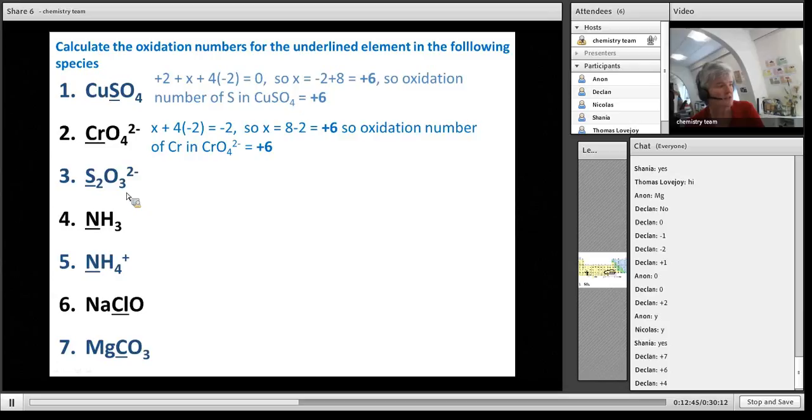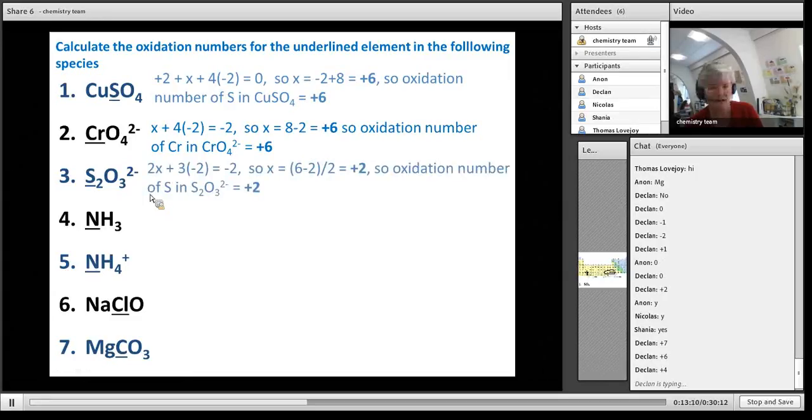Thiosulfate. So sulfate, okay, thio simply means I've taken an oxygen and replaced it with sulfur. So can you see the 4 oxygens have gone down to 3 and the sulfur has gone up because I've taken one of those oxygens and converted it to sulfur, so thiosulfate. What would its oxidation number be? +4?